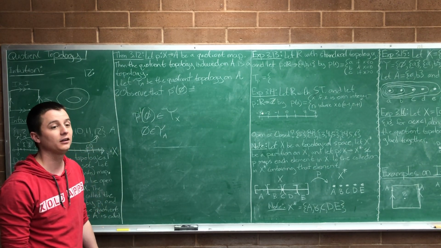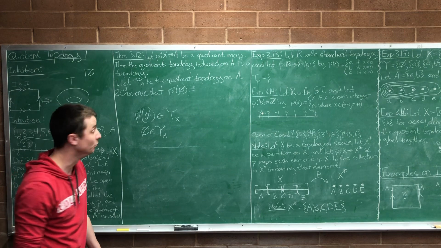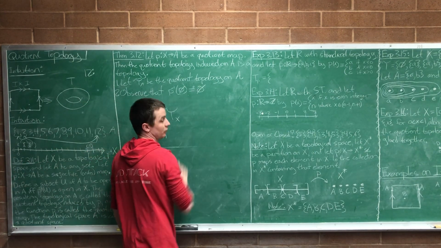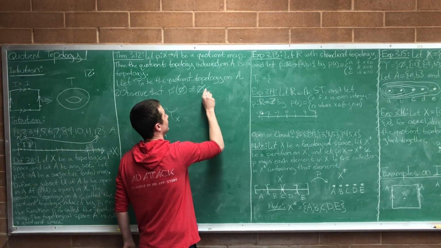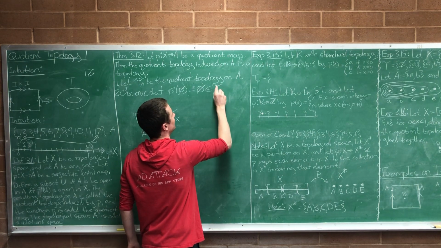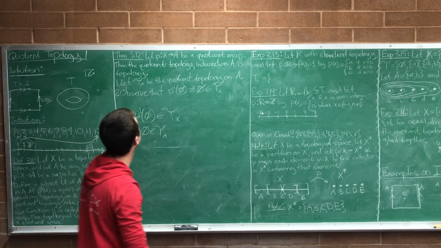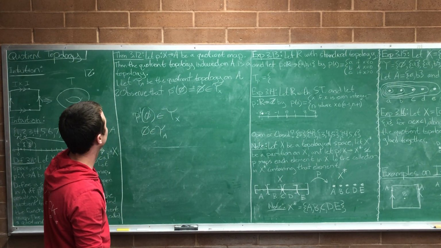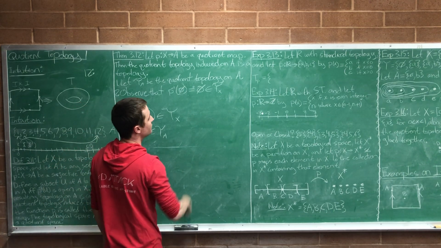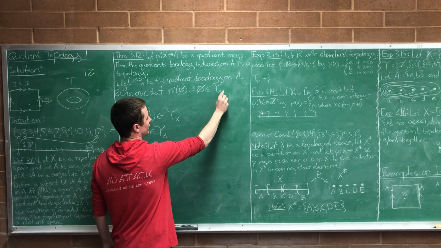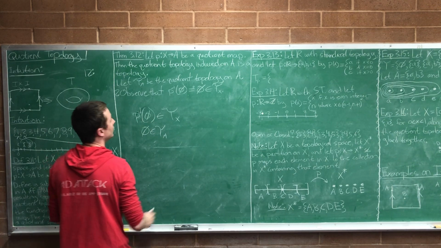What's the pre-image of nothing? Nothing. Pre-image of nothing is nothing. And nothing is in tau on X. We never named that one, did we? Nope, we didn't. You okay with me just saying tau on X without specifically naming it? Yeah.